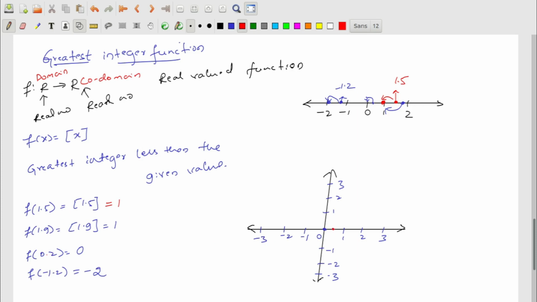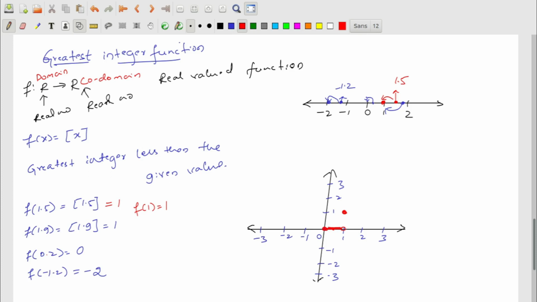If it is 0.2 somewhere here, the value of the function is 0. If it is 0, still it is 0. If it is 1.5, still it is 0. What is f of 1? It will be 1. So somewhere here, the value of the function at x equal to 1 is 1.